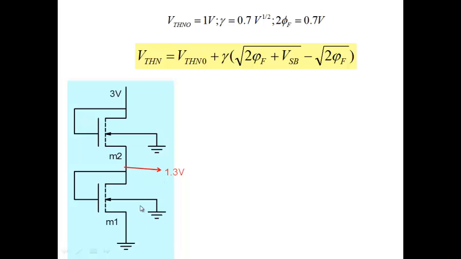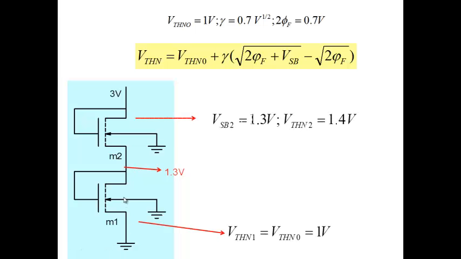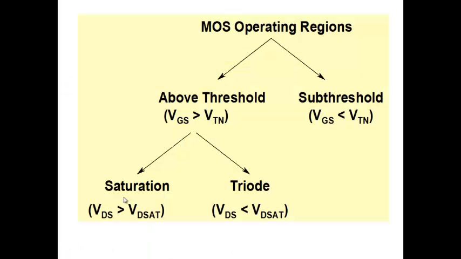When I do that, if you stack transistors, source to body voltage becomes positive, and therefore the transistor gets a higher threshold voltage. So if you stack transistors M1, M2 and M3, M3 would have the highest threshold voltage, then M2, and then M1. This is something you need to keep in mind.